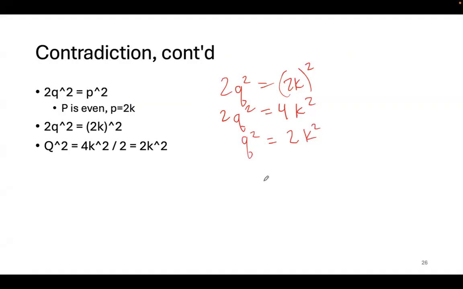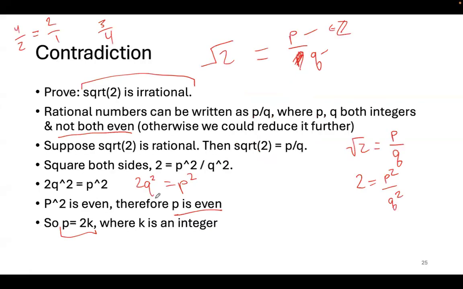What does this tell us about q? It's even too, right? So q squared is even, so q is even. What's the problem with that? Right, all the way back here, we said they're not both even.